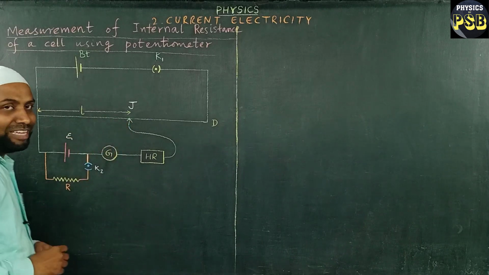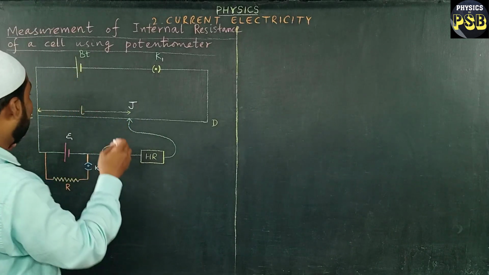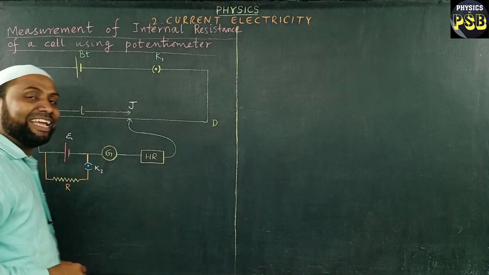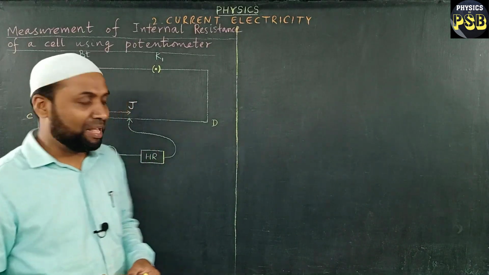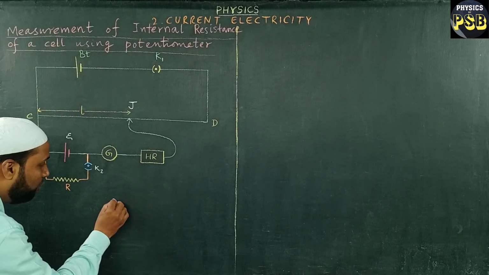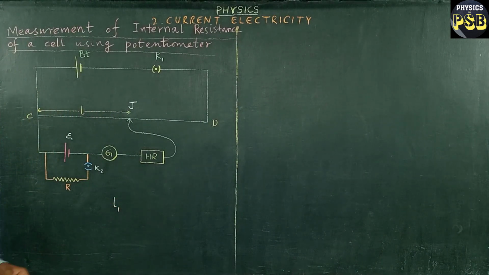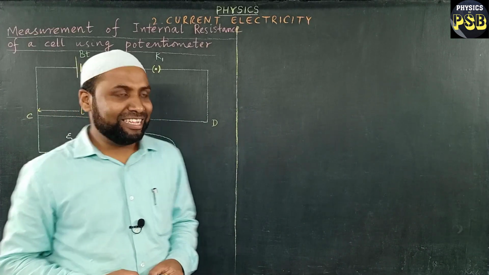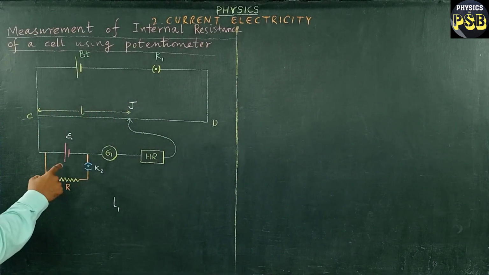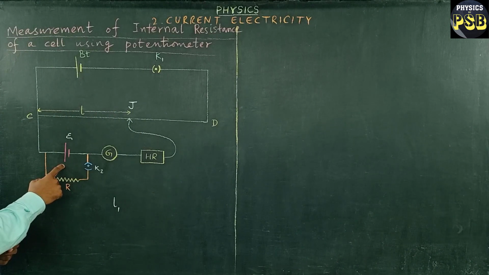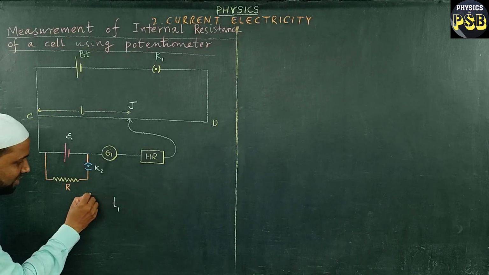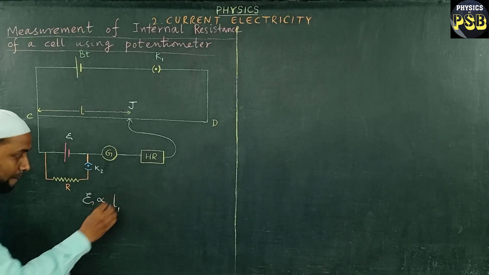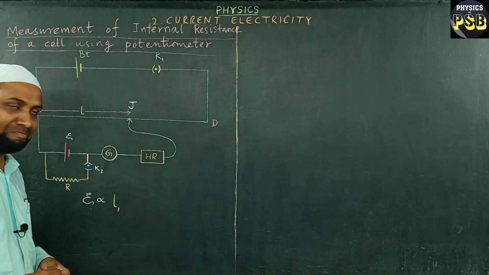So we take that point as the balancing point, and the length of potentiometer wire between C and J is taken as balancing length L1. From the principle of the potentiometer, it is found that the EMF of the cell is directly proportional to the balancing length L1.